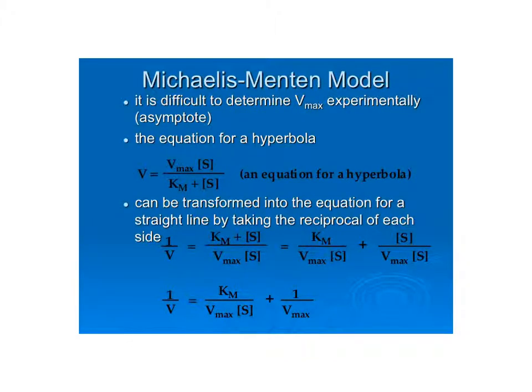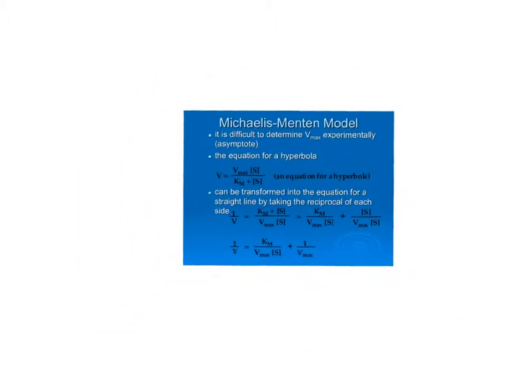So now I'm actually going to work through this one with you, because nowadays computers can do fitting to hyperbolic functions really easily, but especially in the old days they didn't. They liked everything to be a line.